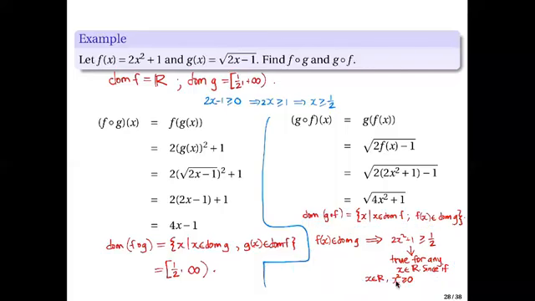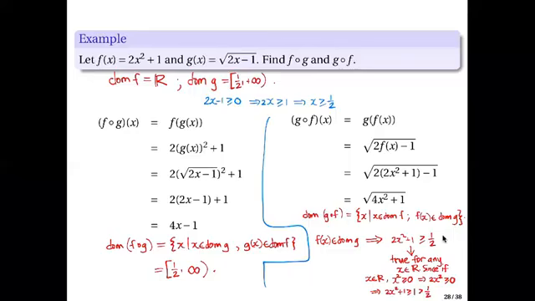Okay? Your x squared is greater than or equal to 0. And this implies that your 2x squared is greater than or equal to 0. And this implies that your 2x squared plus 1 will be greater than or equal to 1. And 1 is greater than 1/2.